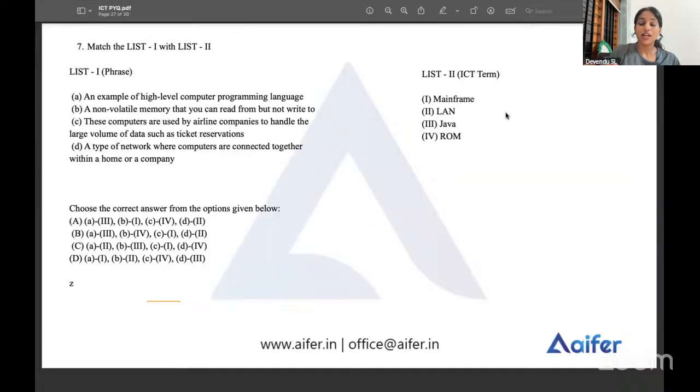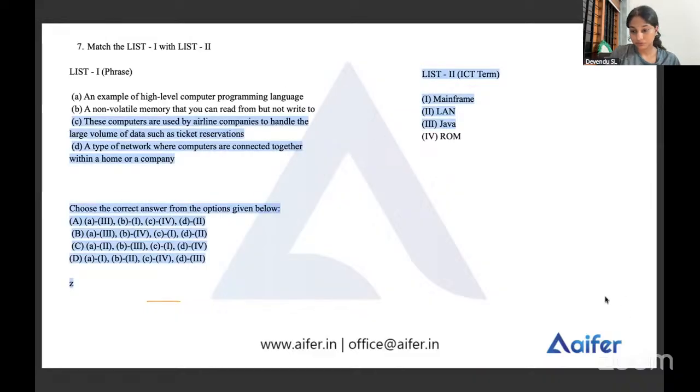So in this read only memory, you can read from but not write to. So the answer will be B connected to 4. We have only one option, that is option B.